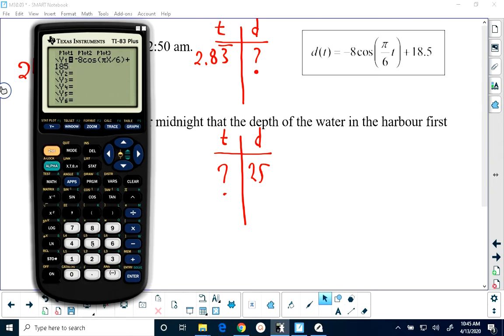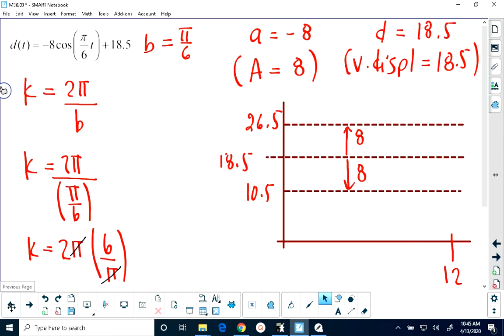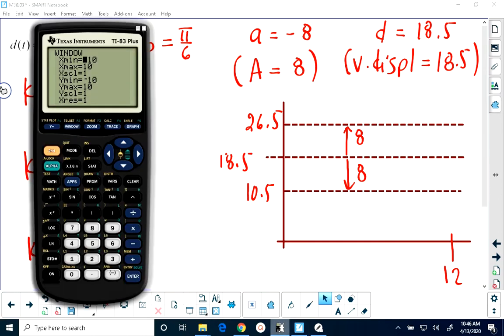Now we have to do a couple of things. One, we have to make sure that our calculator is in radians, and my calculator is in fact in radians. The second thing we need to do is enter our window settings. I'll remind you that we said we want to go up to 26.5 vertically and we want to go over to 12 horizontally.